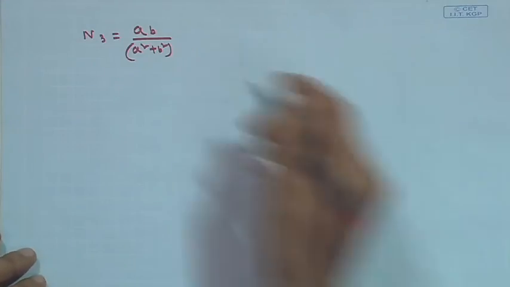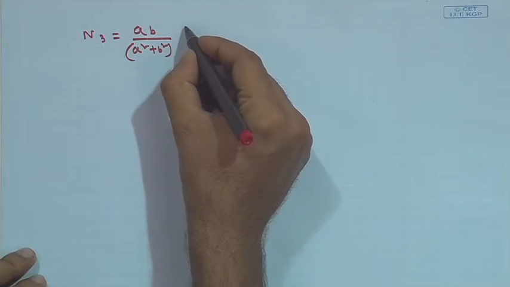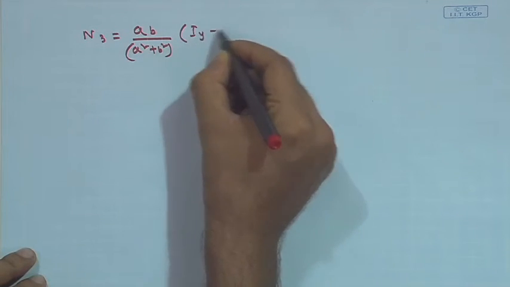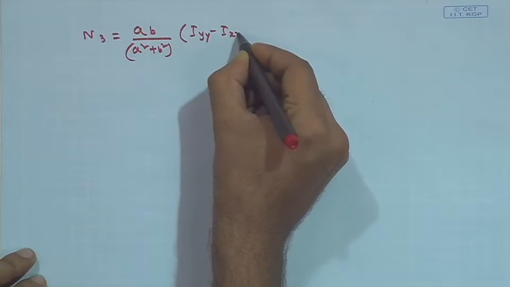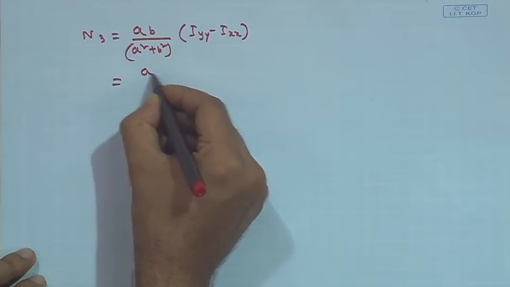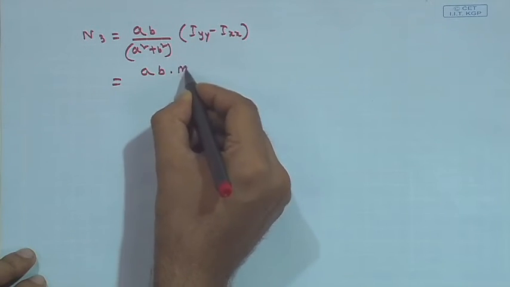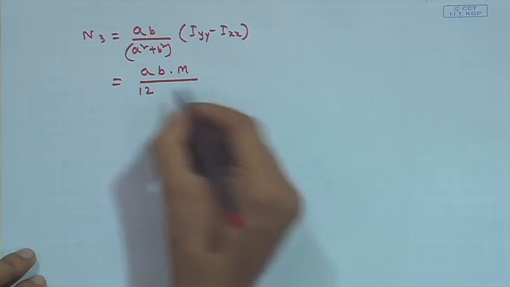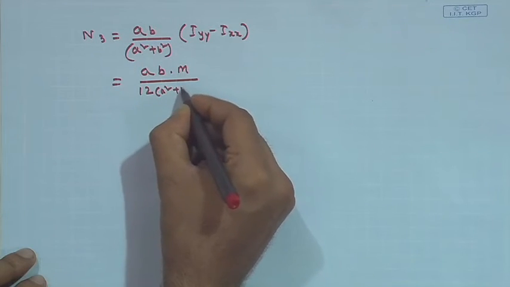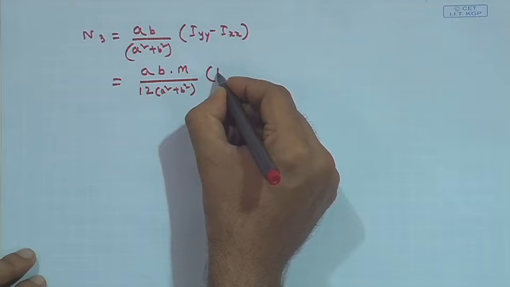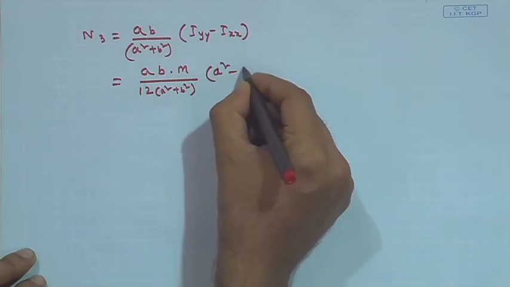In this case I2 minus I1 is Iyy minus Ixx. So if you put the values, ab m by 12 (a square plus b square), it will be a square minus b square.